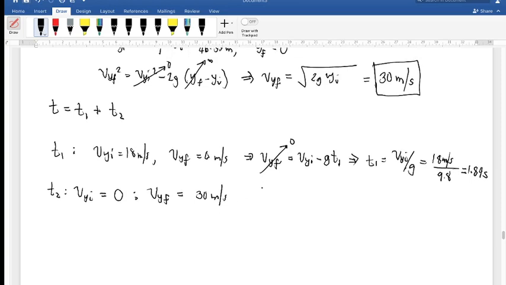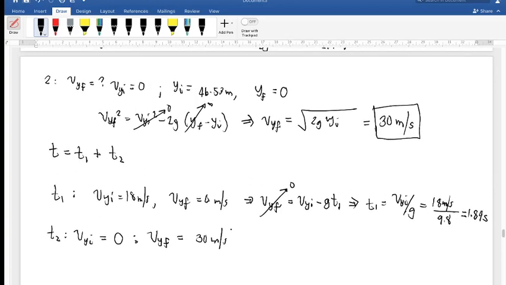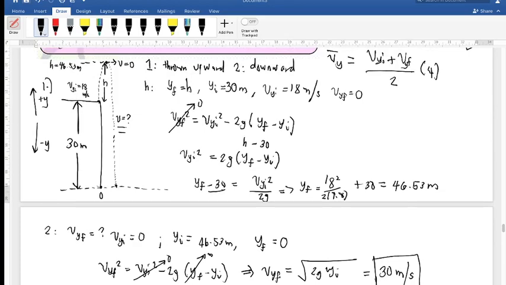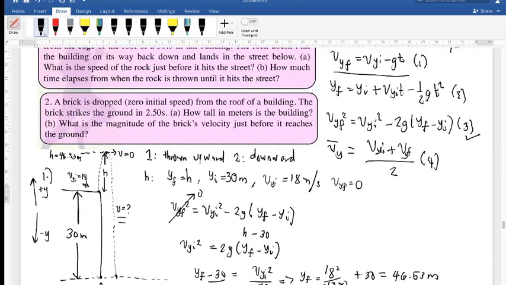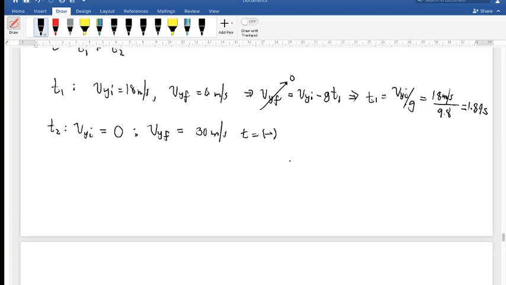So vyf is basically 30 meters per second, tapos yung vyi mo is 0. So we cannot use this one, because the vyf must be put here sa time elapsed natin. So how about we will use another, kasi if we will use this one, your time t will become negative, and we cannot do that. Okay, kasi yung vyi to vyf.